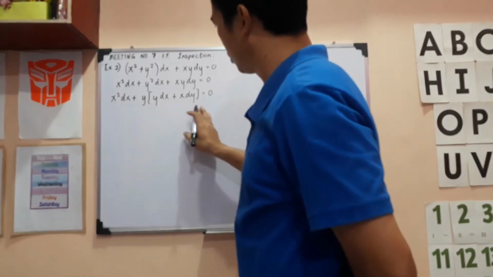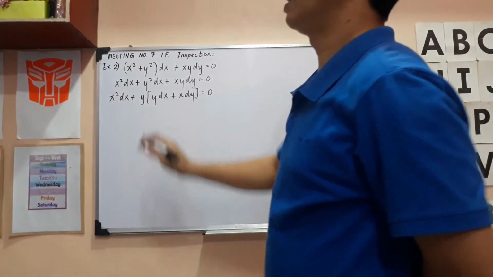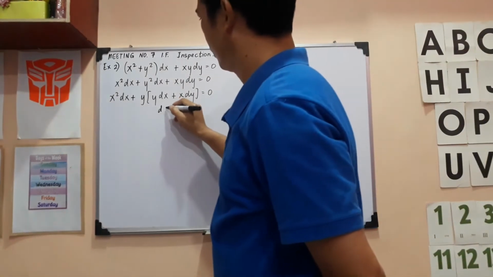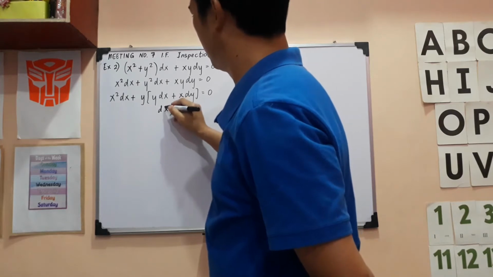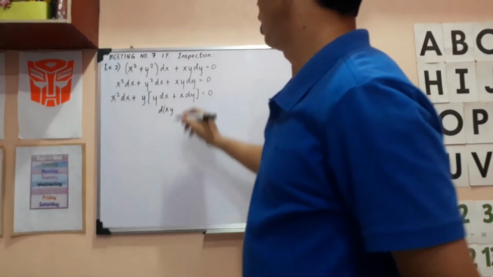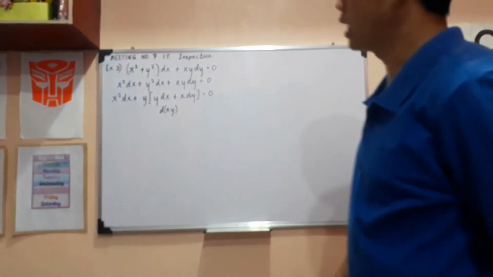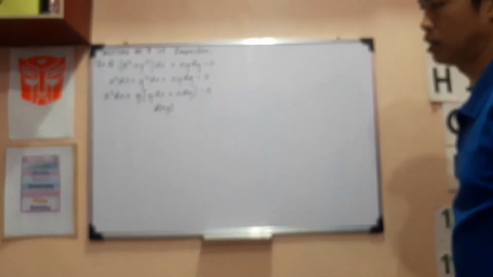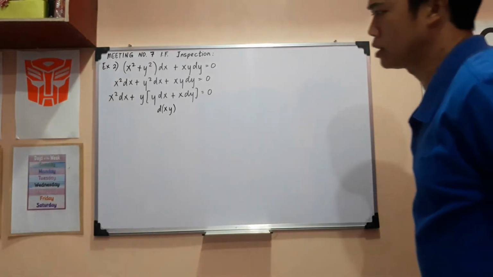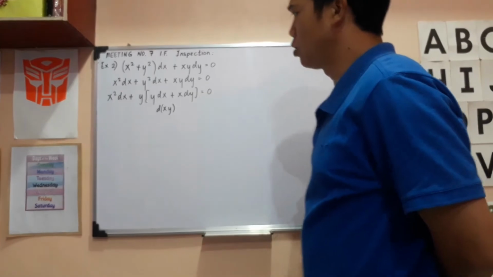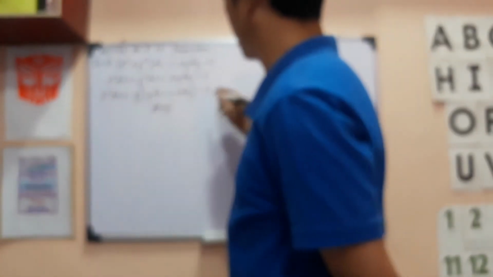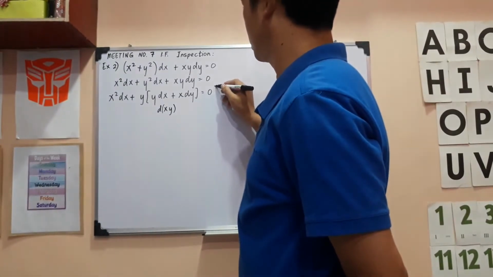So mapapansin, ito ay derivative of the product. Di ba? xy or yx, ganon din yun, di ba? x dy plus y dx. So, ano kailangan? Ito, multiply natin to by x.